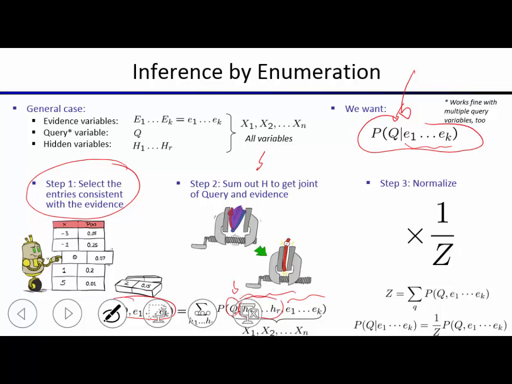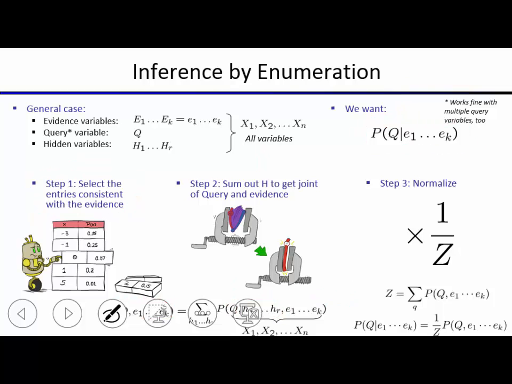And when you look at this equation here, what's happening is important to keep in mind. So let's look at this really closely. To compute one entry in this table for P(Q, e1 through ek), we fix one value for Q, let's say plus q.